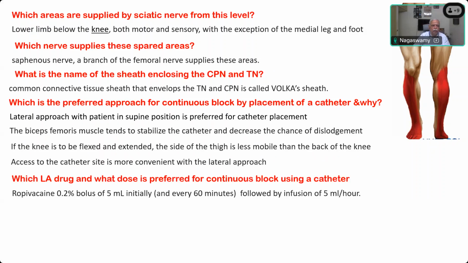Ropivacaine, 0.2% bolus of 5 ml initially and repeated every 60 minutes, followed by infusion of 5 ml per hour. That is the method of doing the continuous block.